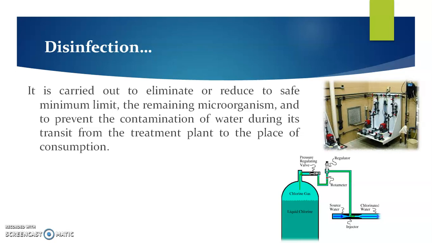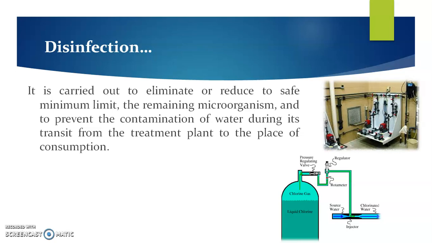Chlorine can be added in the form of liquid, in the form of gas, or sometimes even in the form of powder. It is very useful to disinfect or kill every microorganism that is present in water. A certain additional amount of chlorine is always added as residual chlorine so that it remains present in the water.